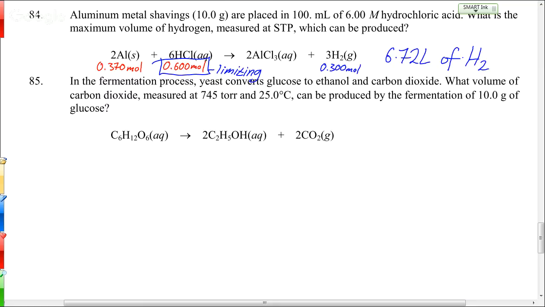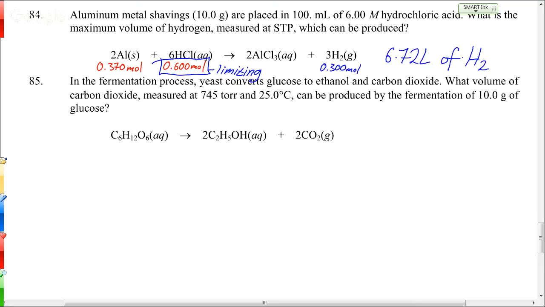What volume of carbon dioxide measured at 745 torr and 25.0 degrees C can be produced by the fermentation of 10.0 grams of glucose? All right, so in this case, we've got just one reactant, so we can just calculate moles and then get carbon dioxide. And this time we will have to use the ideal gas law because we're not at standard temperature and pressure.